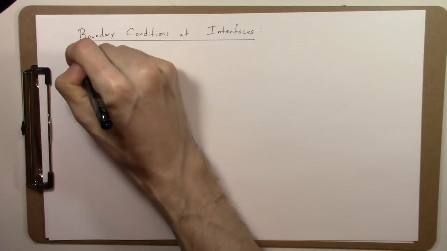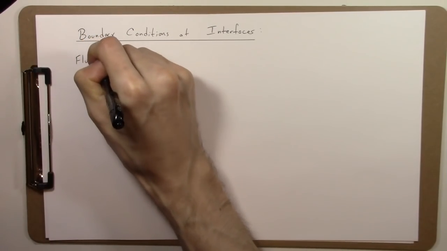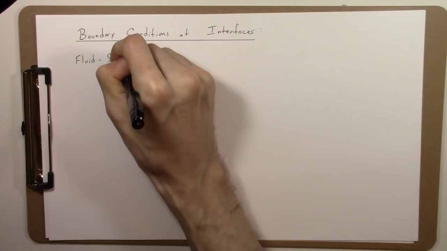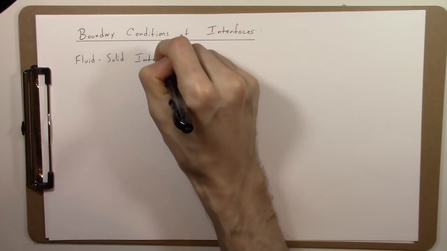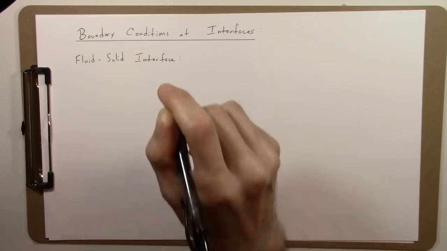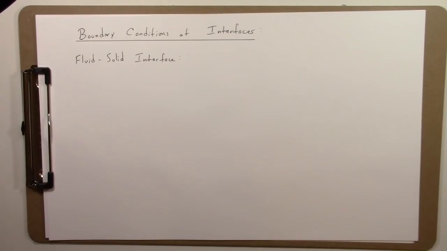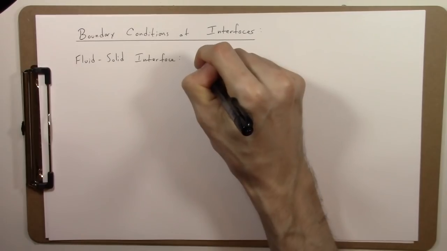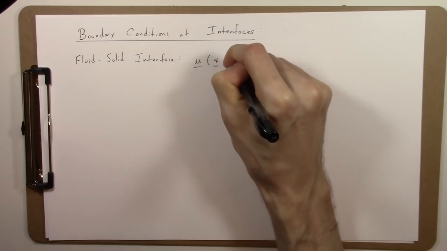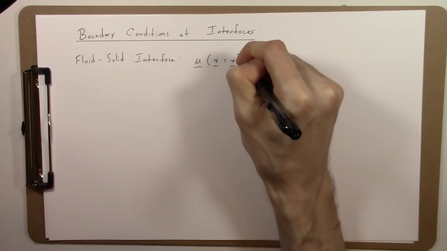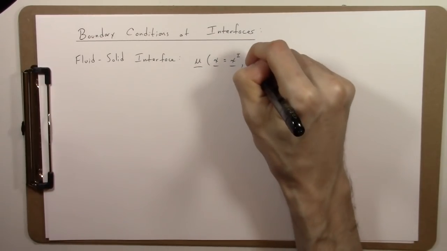So at a fluid-solid interface, the boundary condition is simply that the fluid velocity, u, is equal to the solid velocity, v_s. So we can say u at x equal to x superscript I, and t.